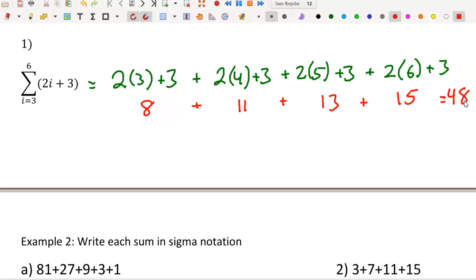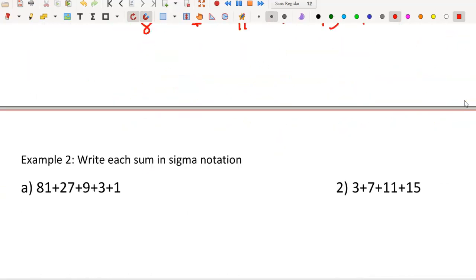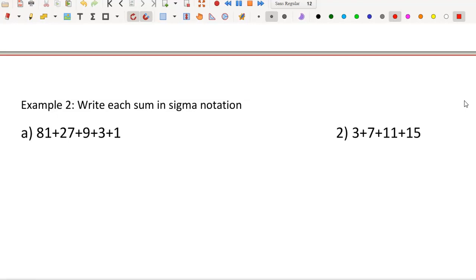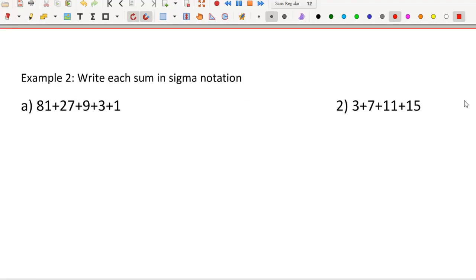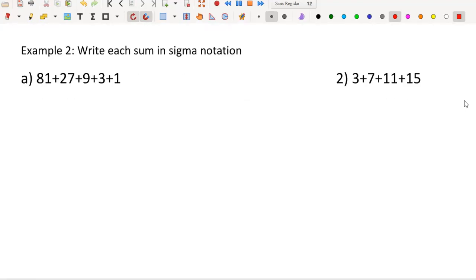All right, ready? Okay, let's keep going to the back. Last part. Let's write some of these in Sigma notation. You guys good?